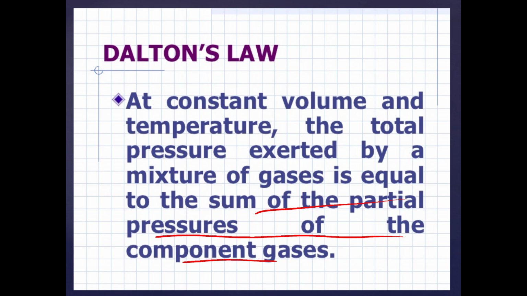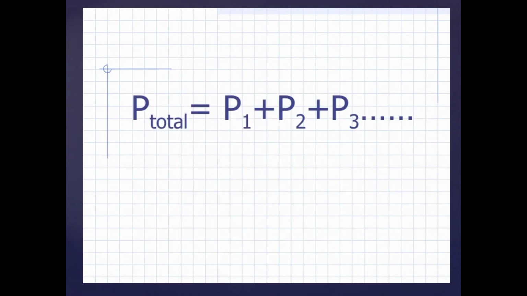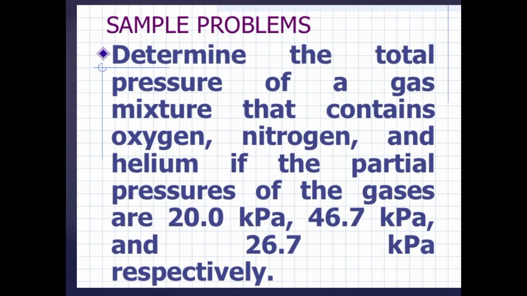So the pressure exerted by the air is the sum of the pressures of oxygen plus nitrogen plus carbon dioxide, etc. This is the law. Its mathematical representation is P total is equal to P1 plus P2 plus P3, the sum of the pressures of all the gases. Such questions also you can expect. For that you should add all these pressures.